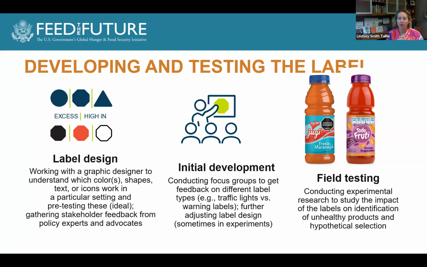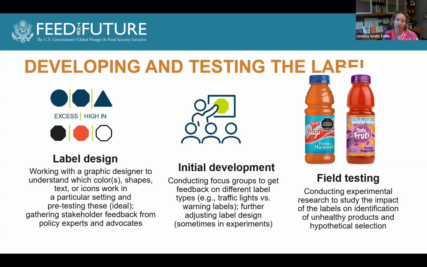The reason why we do this in multiple stages is because sometimes what people tell you they think they want doesn't end up working well when it's actually on a package. So for example, oftentimes when we're doing focus group testing, people will tell us that they really like a red label. They think the red label is really effective at signaling a warning or danger, or this product is high in.